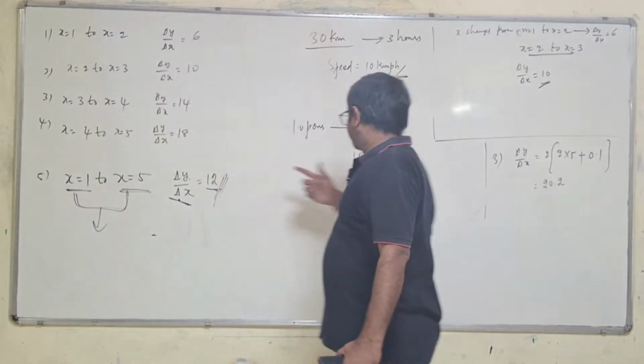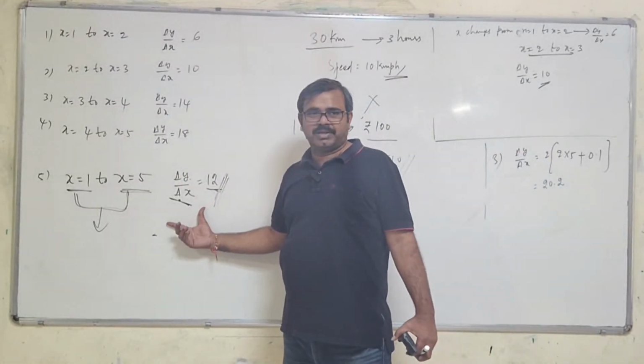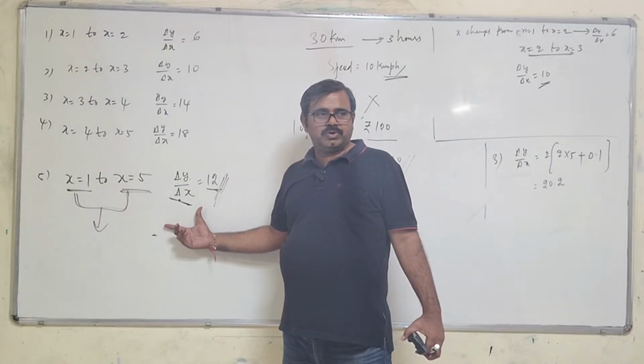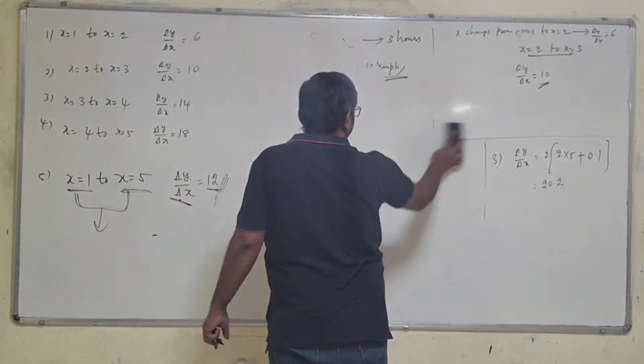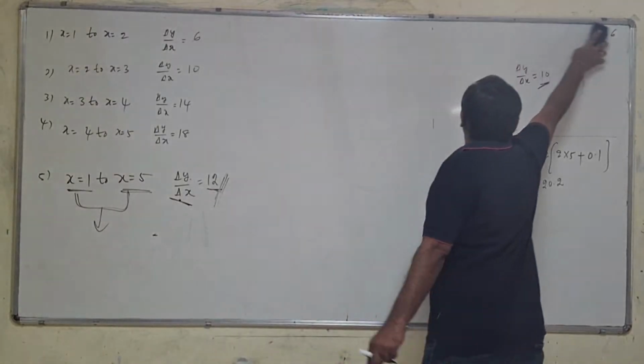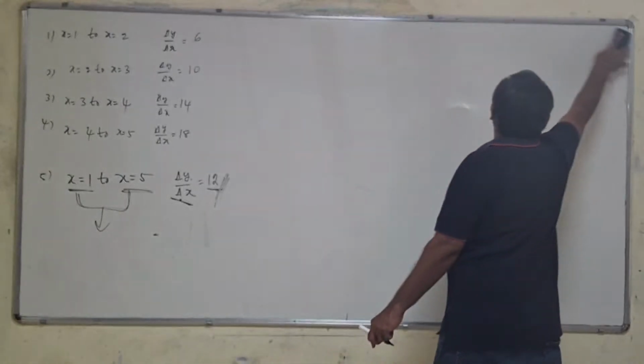So just like average cost of a pen is 10 rupees, this is average rate of change in y with respect to x. So whenever we write delta y by delta x, what we need to understand is that we are writing average rate of change in y with respect to x in the given interval of x. So I'm going to write down the conclusion here.